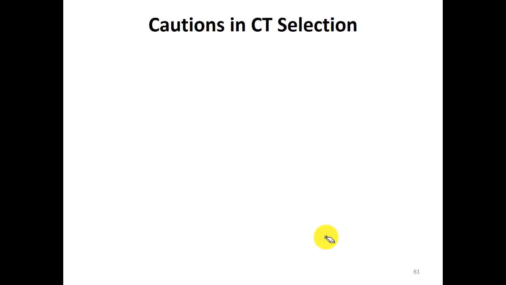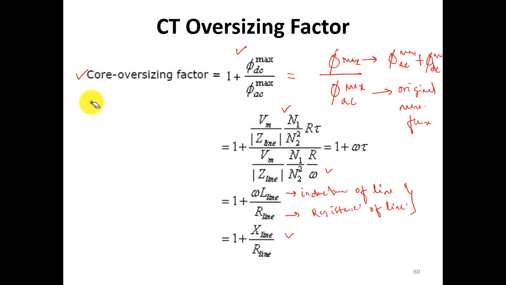And we know that for a 220 kV transmission line, the L by R ratio is approximately 10. Sorry, not a distribution line, for a distribution line it is very less.